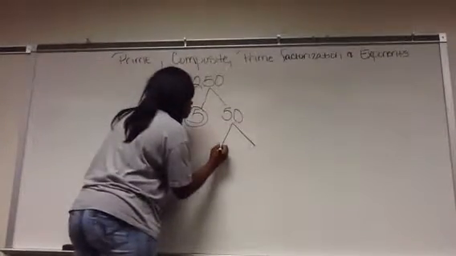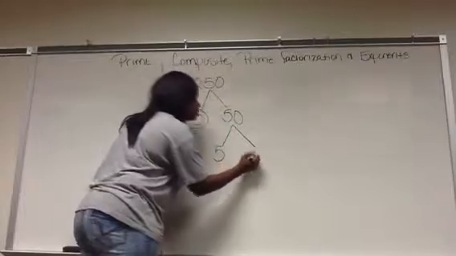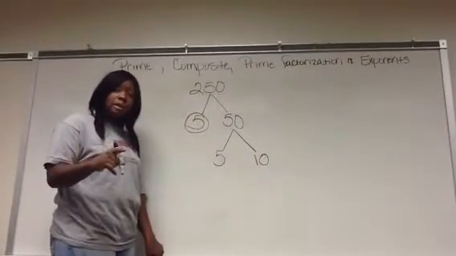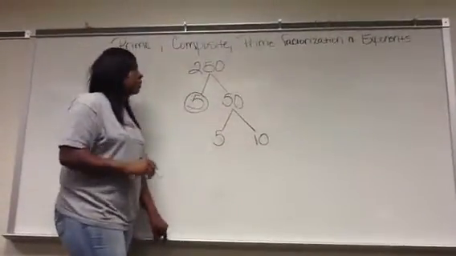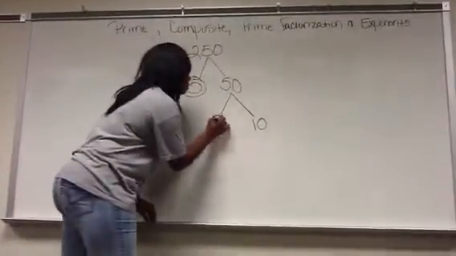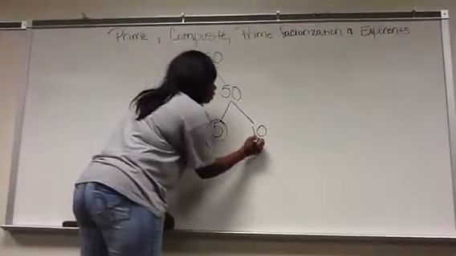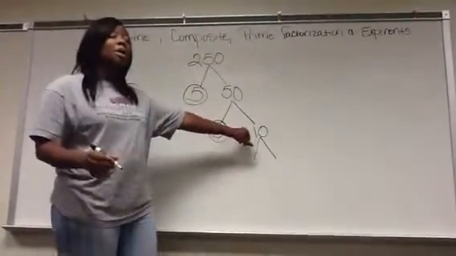We could use 5 times 10. We need to do a factor check and see which of the two numbers I just wrote down is a prime number. If you guess 5, you're right. So I'm going to circle it. 10, what two numbers come together and make 10? Remember, 10 is composite.